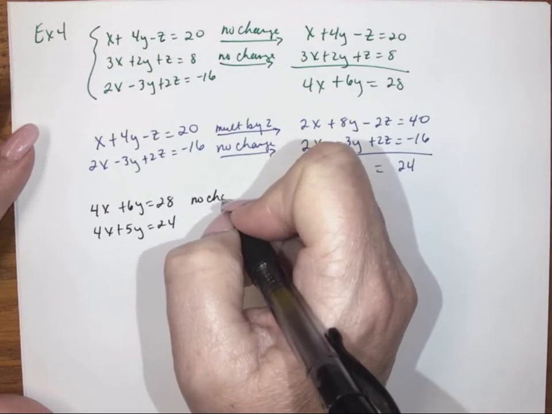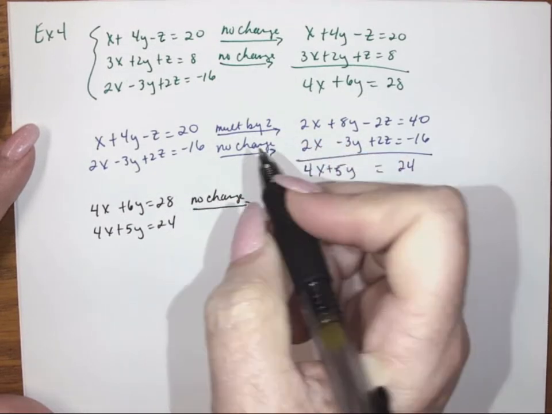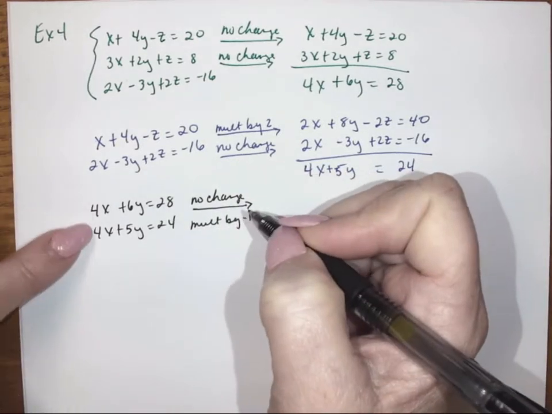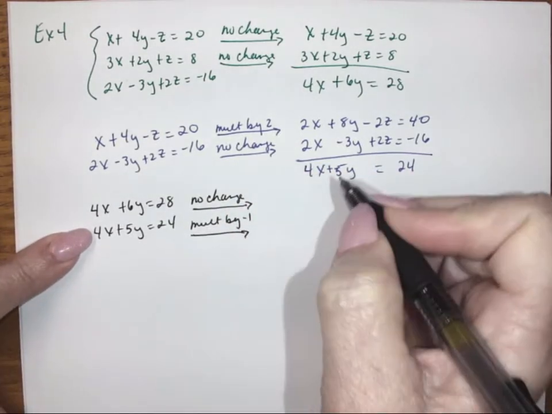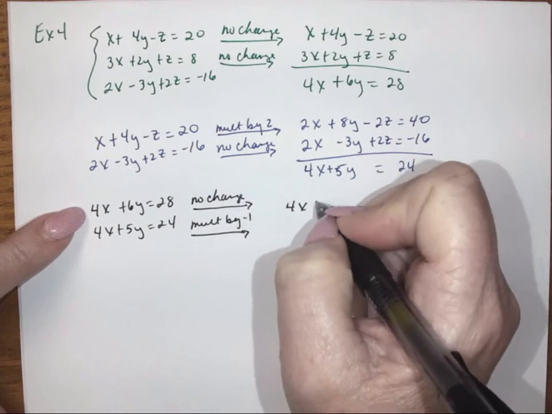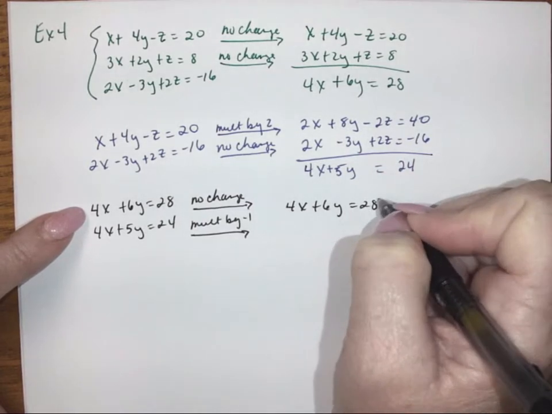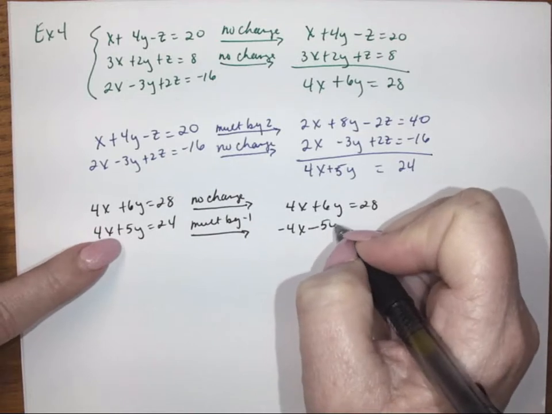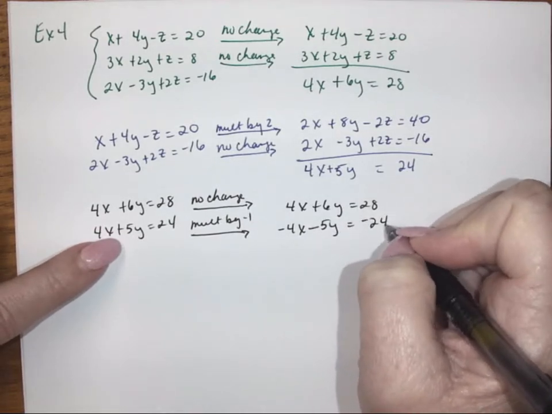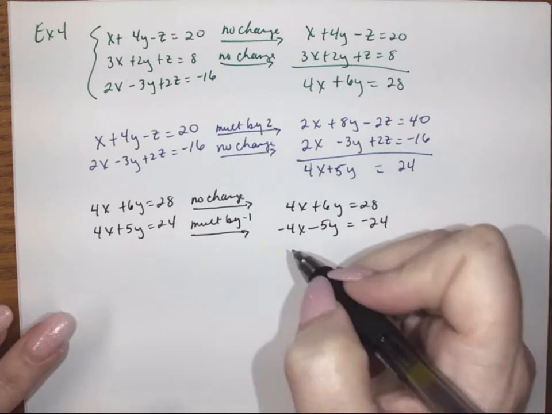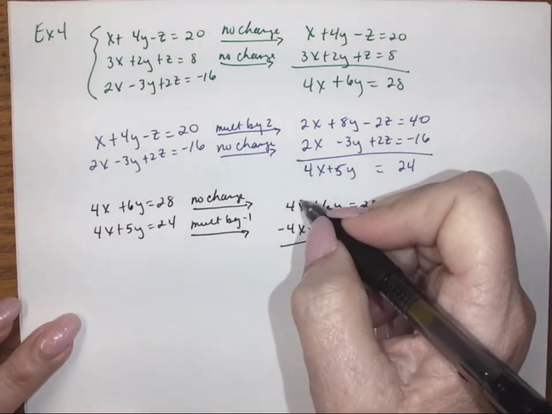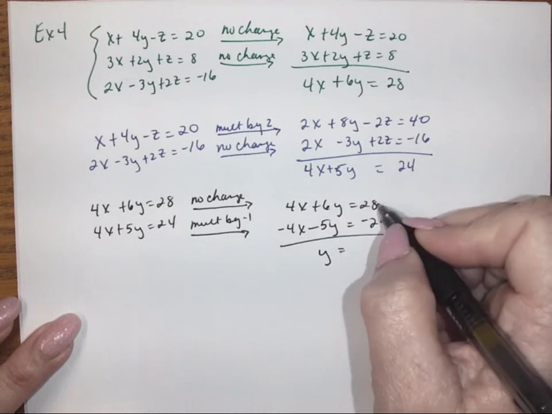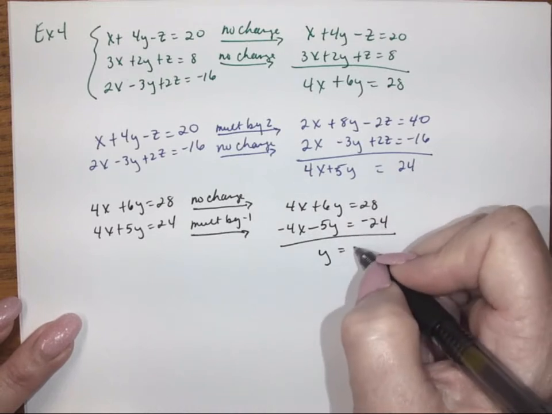So this will be no change, and this one I will multiply by negative 1 because that'll cancel out my x's. So we'll have 4x plus 6y equals 28, negative 4x minus 5y is equal to negative 24. So we just multiplied each term by negative 1. The x's will cancel. 6 minus 5 will leave us with 1y, and 28 minus 24 will get us 4.